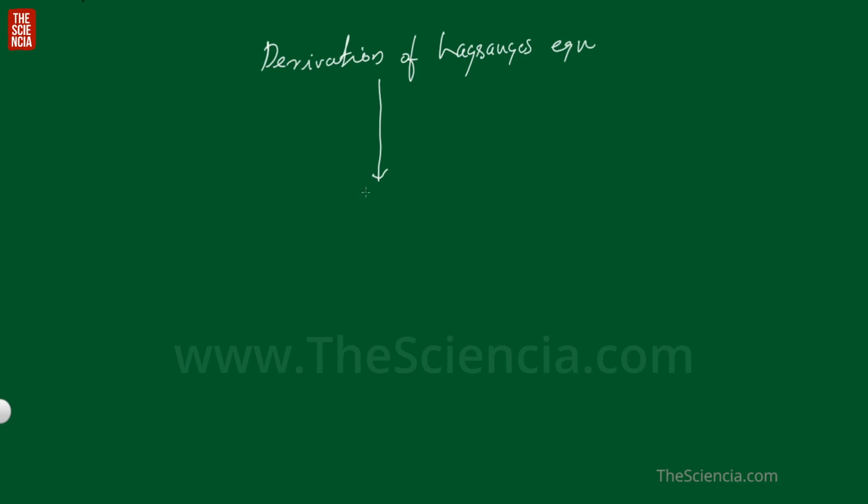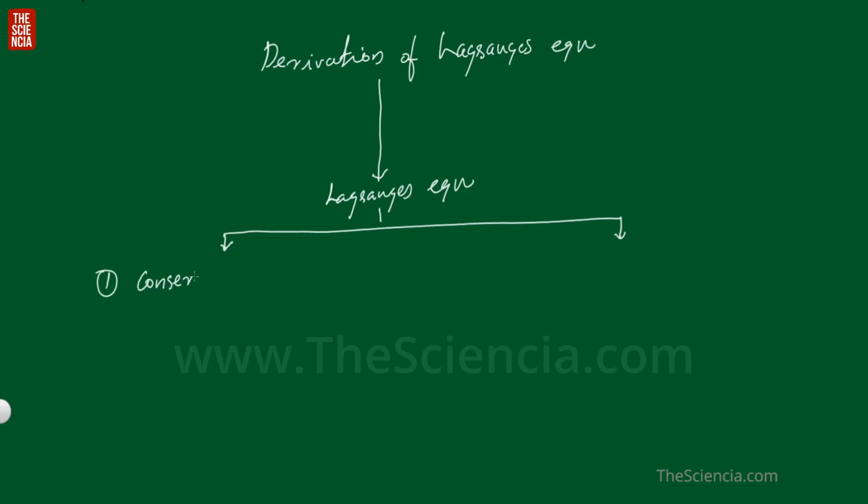So we can derive Lagrange's equation from Hamilton's principle or from D'Alembert's principle. Okay, so we get Lagrange's equation. And this Lagrange's equation has two forms in two cases. First case is for a conservative system.